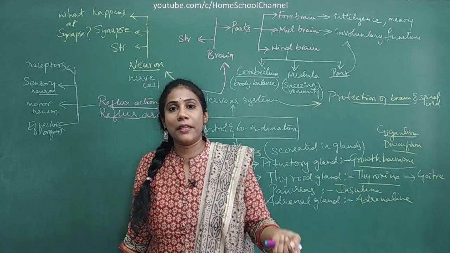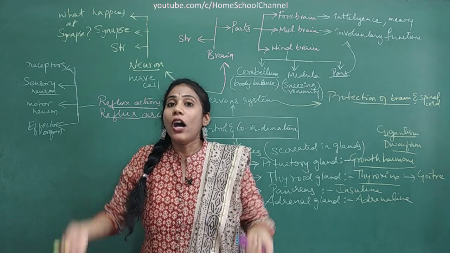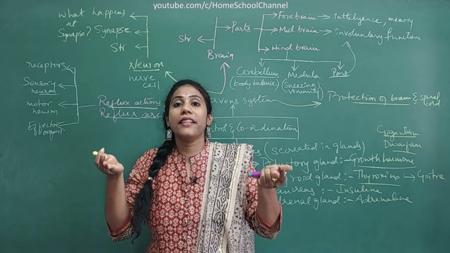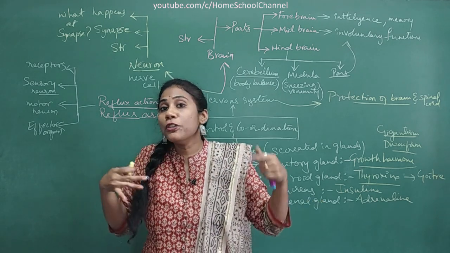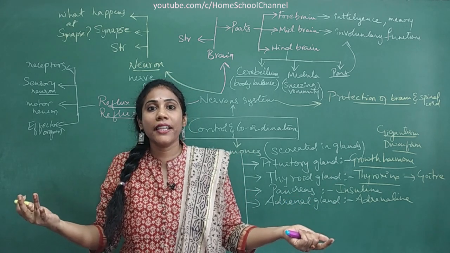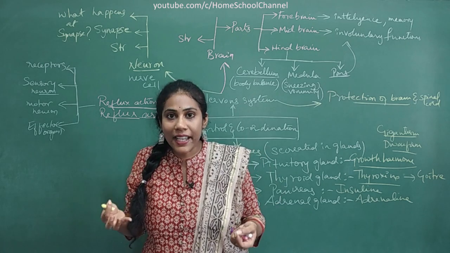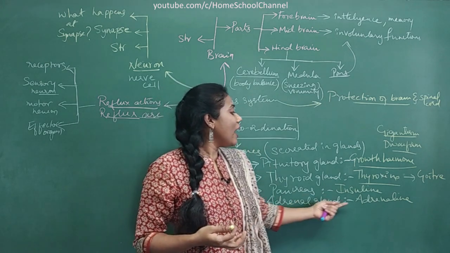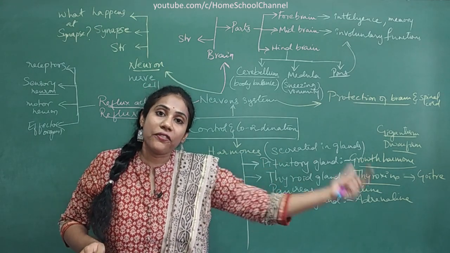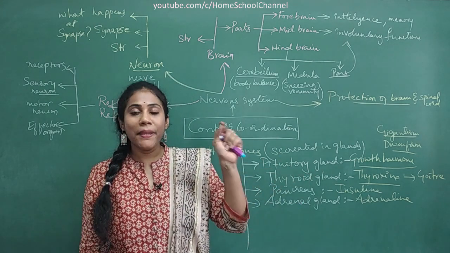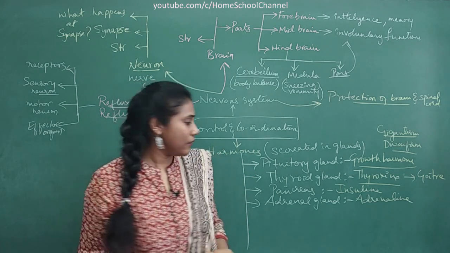During emergency times, when this hormone is released into the blood, automatically the heartbeat increases. More and more oxygen is supplied to the muscles to do more physical activity. A sense of fear, a sense of scariness, is due to the hormone called adrenaline. That's why it is called the fright and flight hormone. So what is its main function? To regulate blood pressure. Okay, fine.